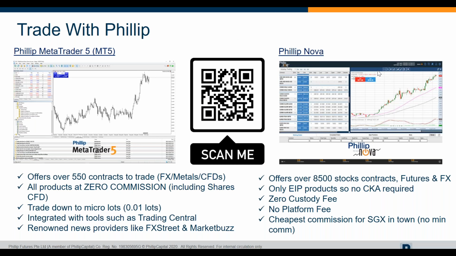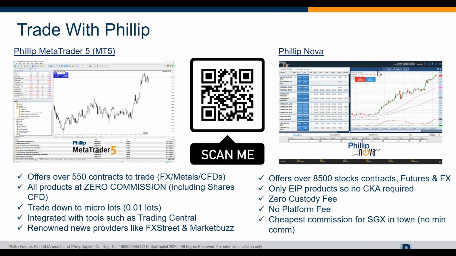A bit of information for Phillip MetaTrader 5. To open an account, you need to pass this customer knowledge assessment, because it is a leveraged derivative product and you need to prove you have sufficient knowledge.